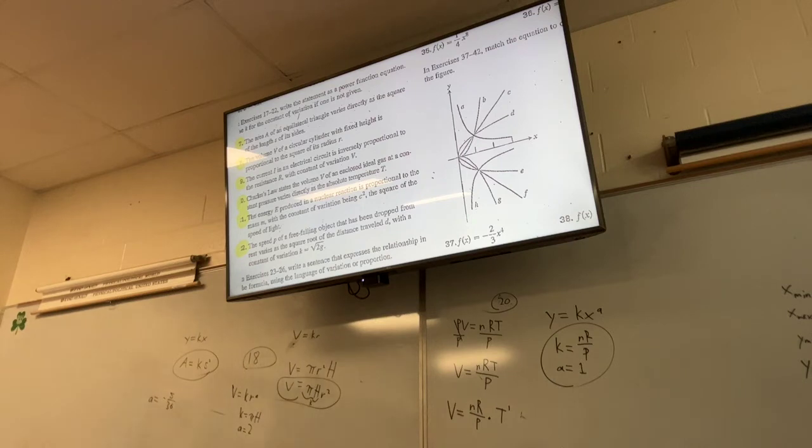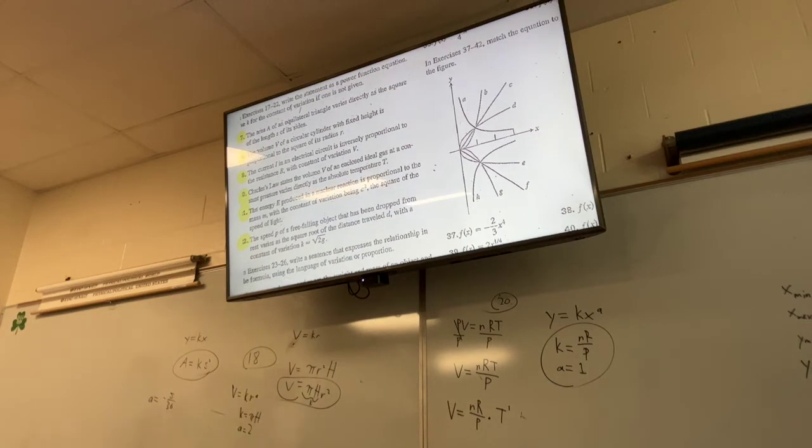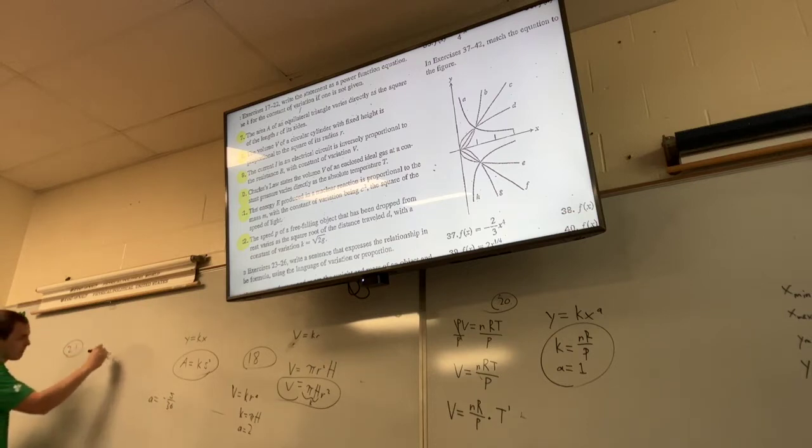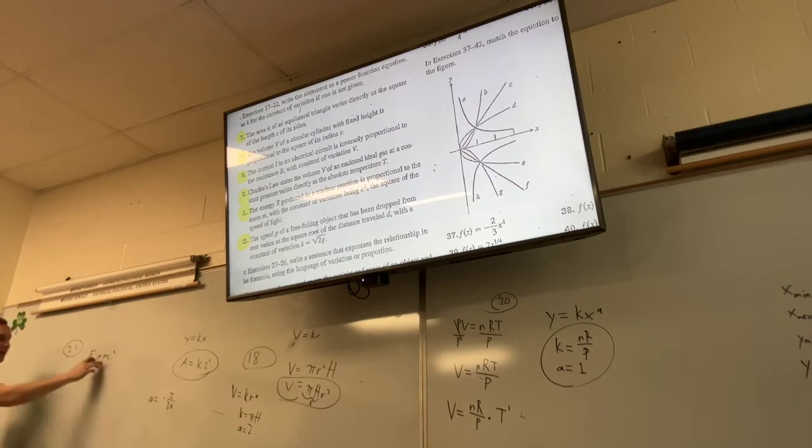Okay, 21, the energy, oh, I love this one. The energy produced in a nuclear reaction is proportional to the mass m with the constant of variation being c squared, the square of the speed of light. So this is saying E equals mc squared, and it's saying my variable is m.